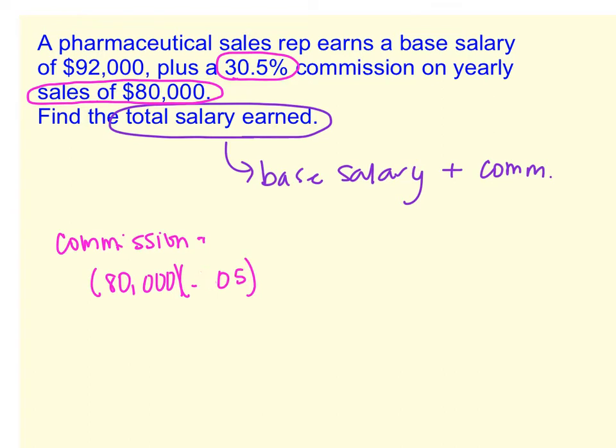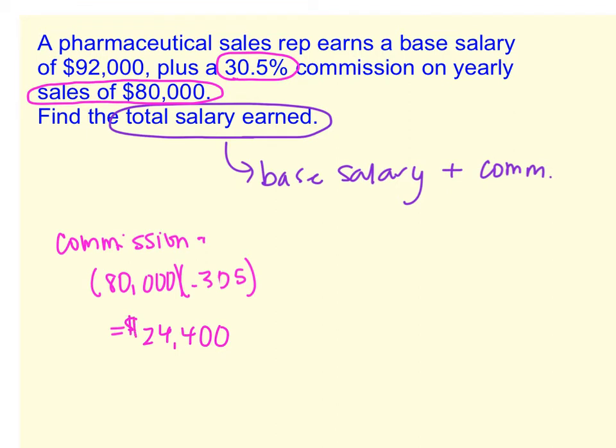Well, that is hard to tell, but that is a 3. Then you grab your calculator, multiply that out, and you get 24,400. So some jobs have a really nice commission. Pharmaceutical sales reps tend to earn pretty decent money because they have commissions like this, $24,400 commission.